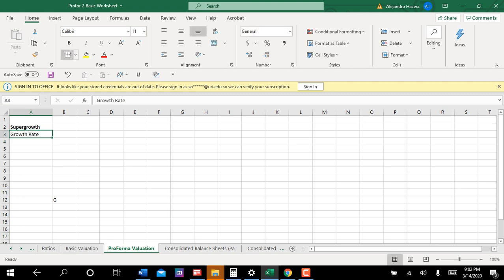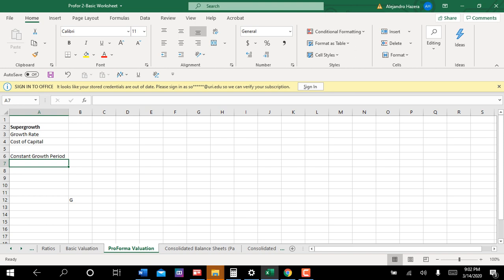So we're going to assume a growth rate, and we're also going to assume a cost of capital. Then, just like in the basic valuation, we're going to have a constant growth period, and in the constant growth period we're also going to make assumptions about the growth rate and the cost of capital.